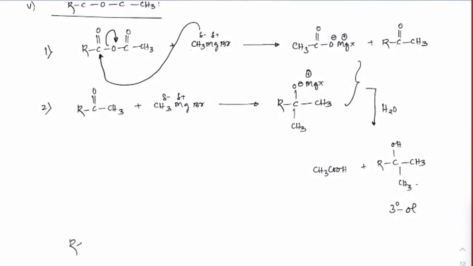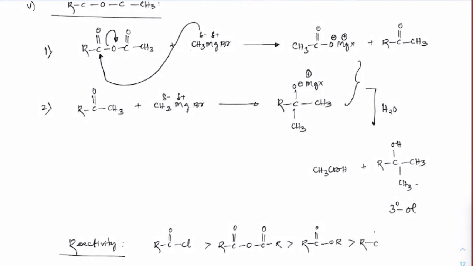If you see the reactivity-wise, R C double bond O Cl will make a better reaction as compared to that of anhydrides, as compared to that of esters, as compared to that of amides. This is the reaction which you will see. This reactivity is only for RMgX. Okay.